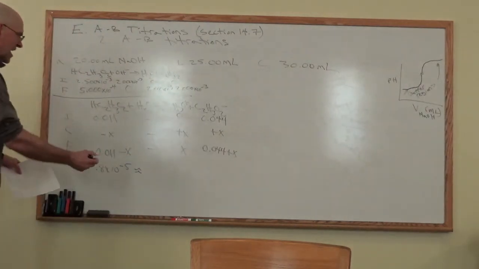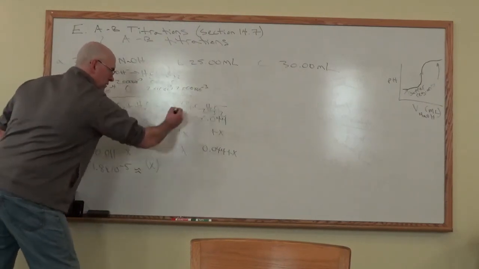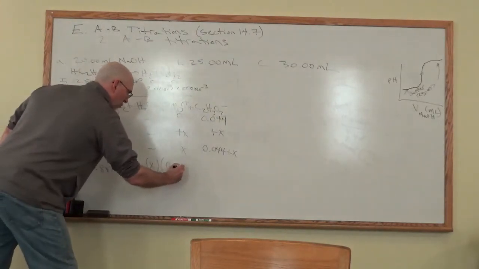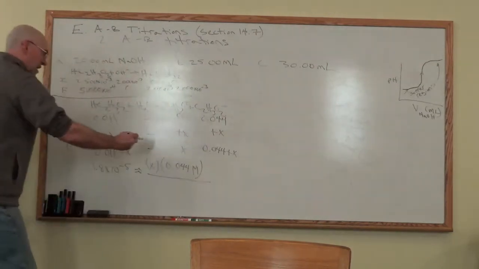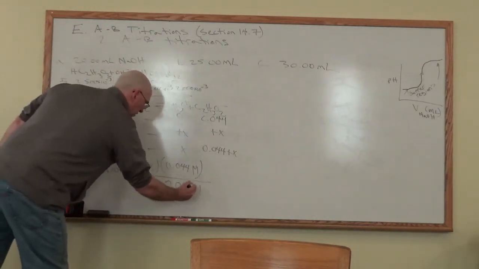So we're going to say that Ka is approximately x, these two things combined, times 0.044 molarity divided by 0.011 molarity.